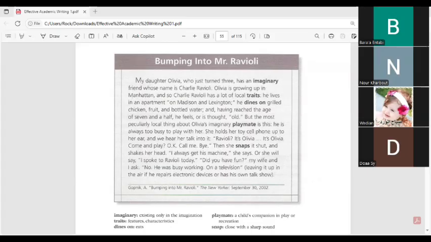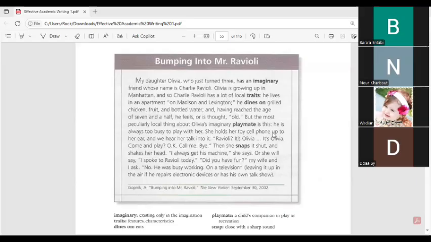But the most peculiarly local thing, peculiarly means something which is strange, it is an adverb, in a strange way. Local thing about Olivia's imaginary playmate, playmate means child companion in play or recreation.